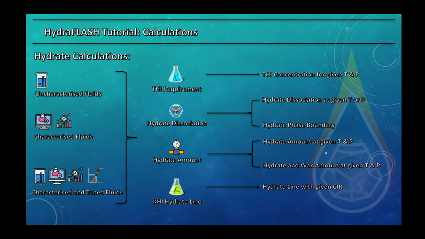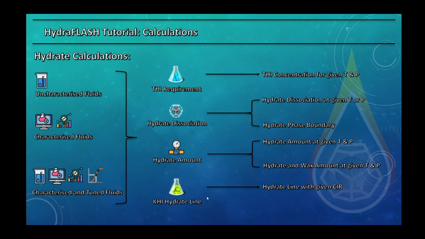So this module predicts the amount of hydrates formed at given temperature and pressure, as well as the phase equilibria of the system at those conditions, including the fluid phase compositions and fluid phase properties.